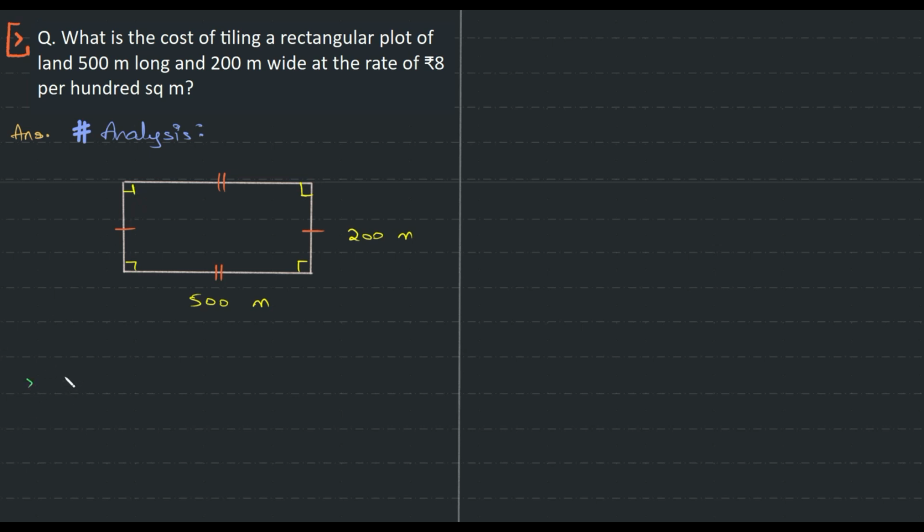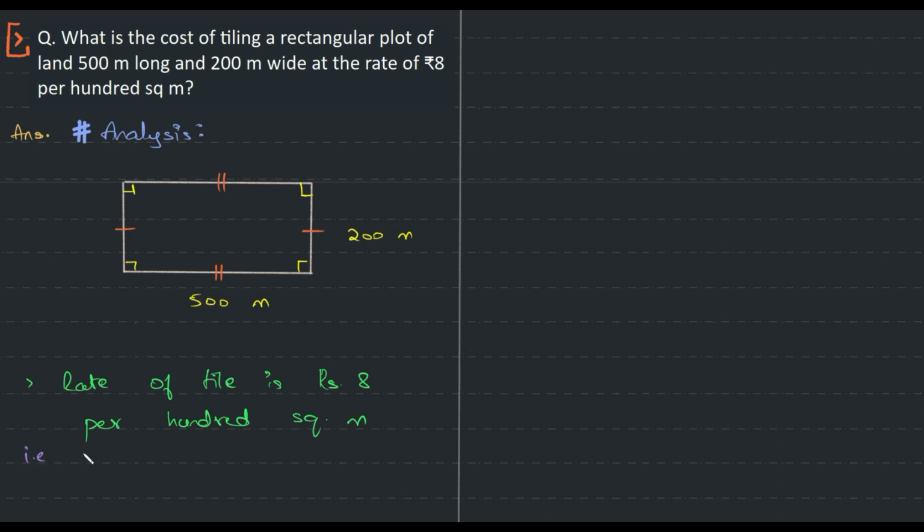Okay, what else is given? Rate of tile is rupees 8. Here the thing is per 100 square meter. So this is what is given.